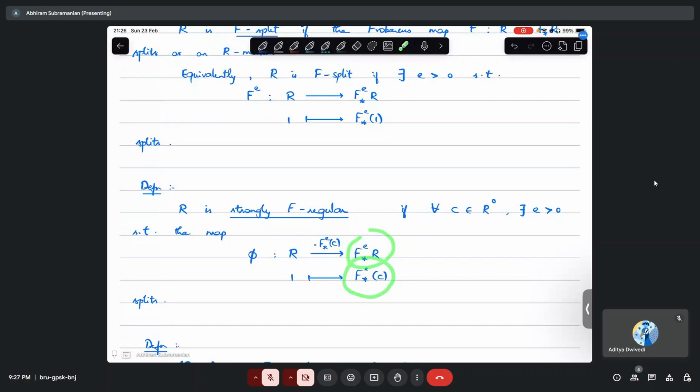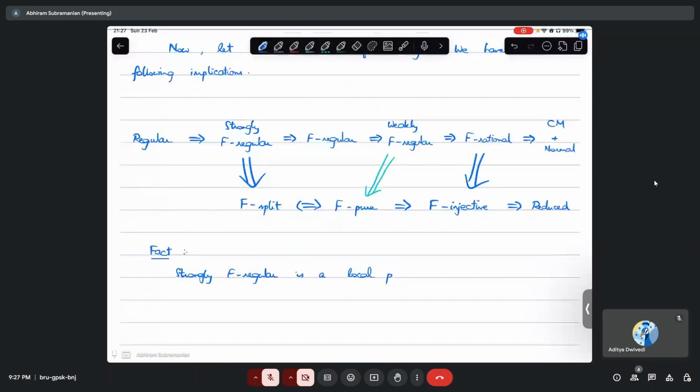Okay, let me just write it as a result. So theorem: strongly F regular rings are F regular. All this under the assumption that R is finite.